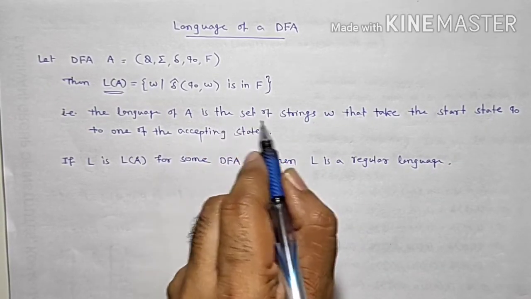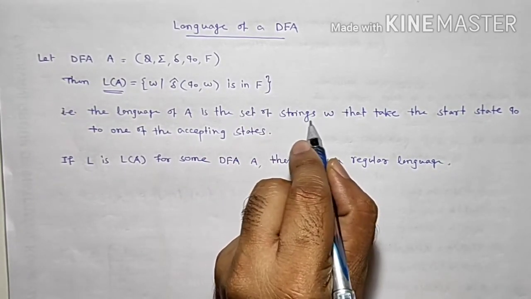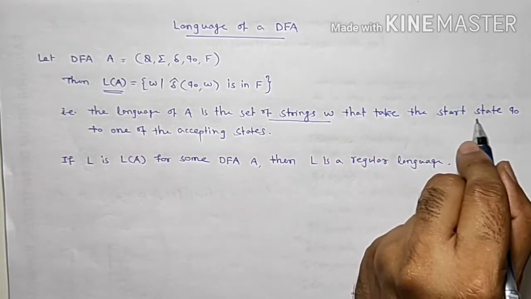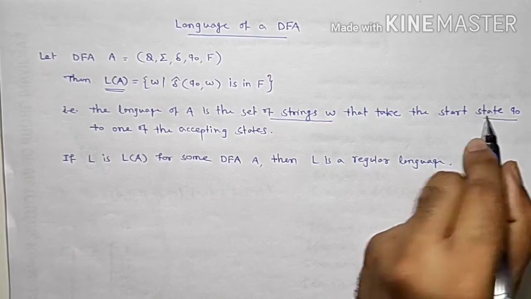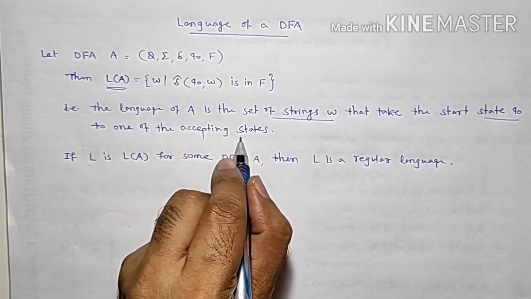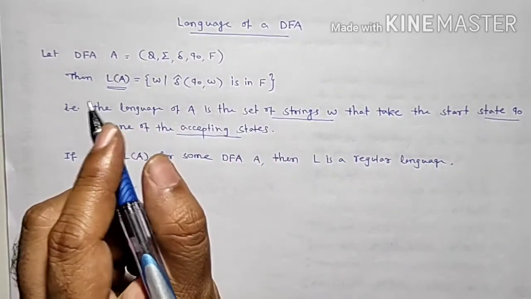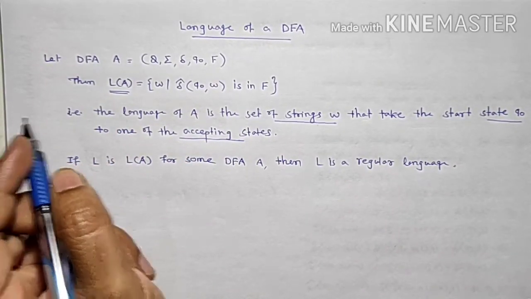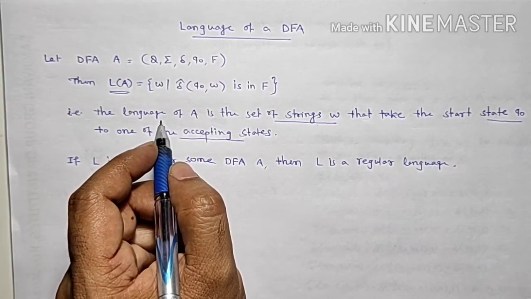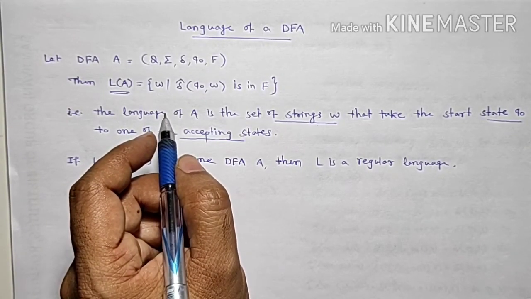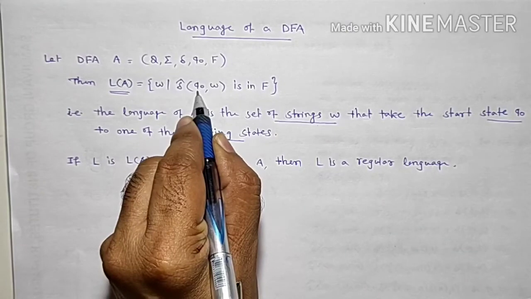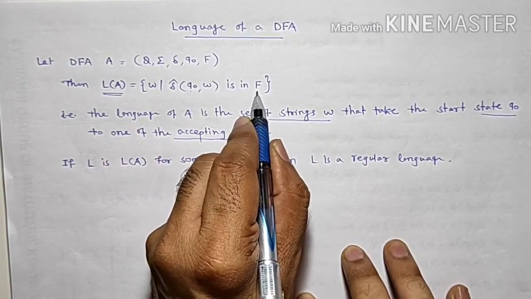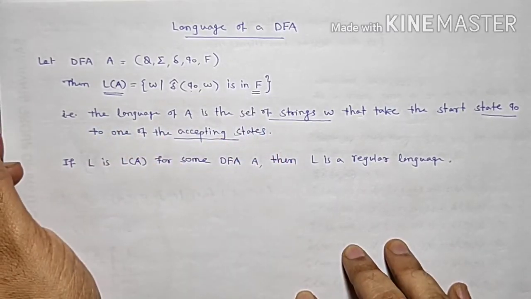So the language of A is the set of strings W that take the start state Q0 to one of the accepting states belonging to capital F, the set of final states.